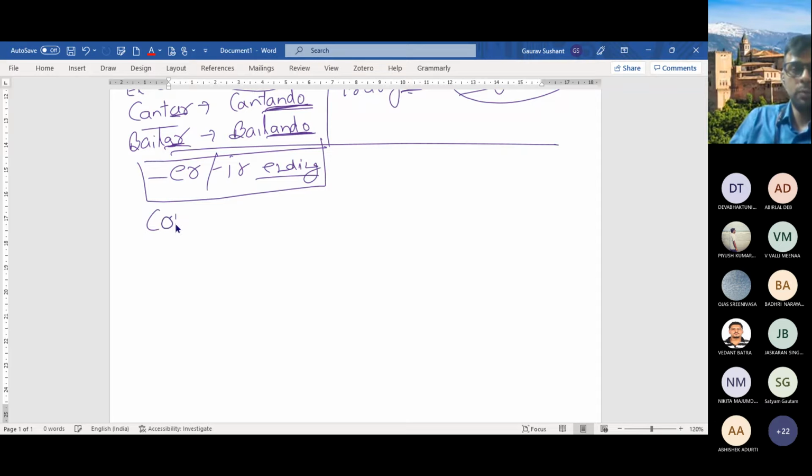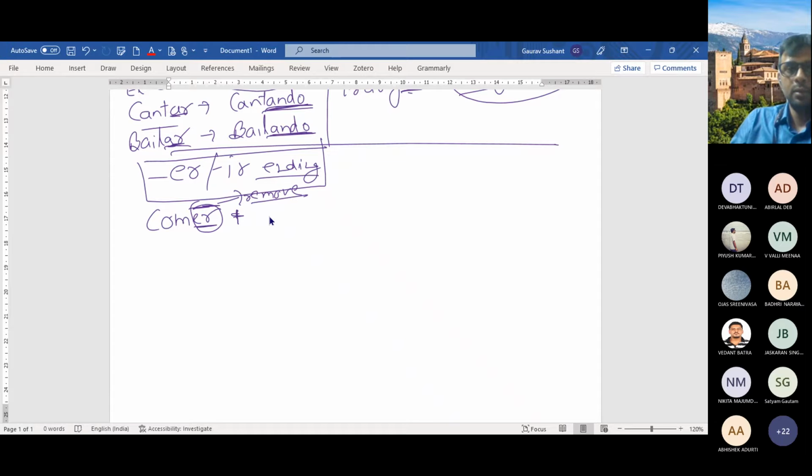So let us take a very simple verb, comer. So comer is an ER ending verb, and you have to change it into a gerund form. So the same thing will happen. We remove the end part, and then what do you do?